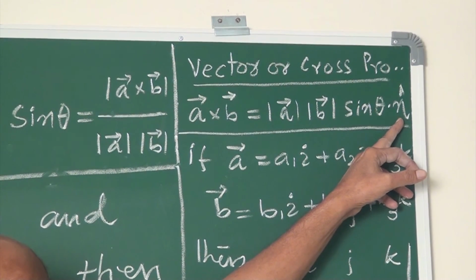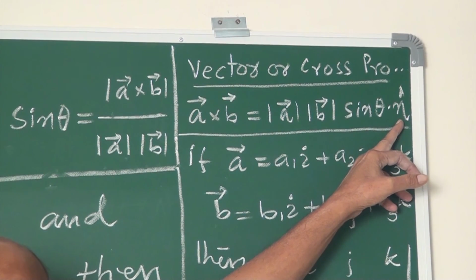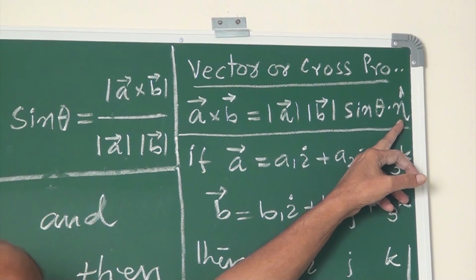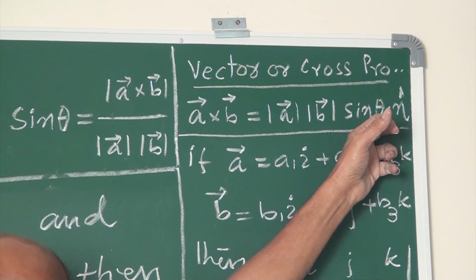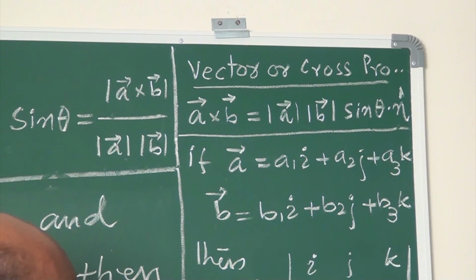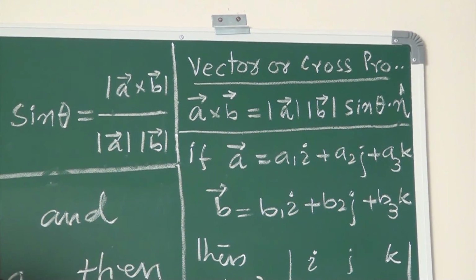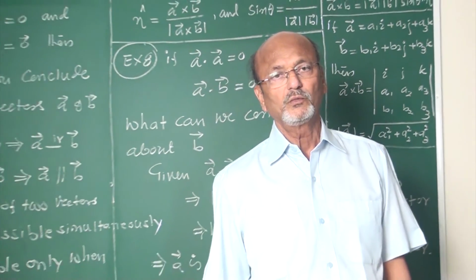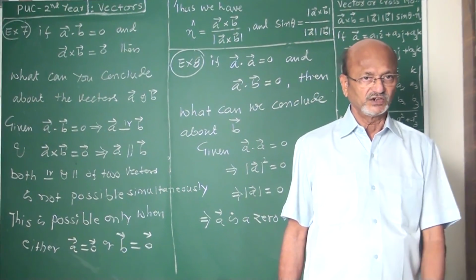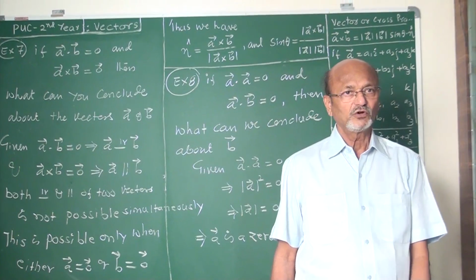What is eta cap? It is a unit vector perpendicular to both vectors A and B, or perpendicular to the plane containing the vectors A and B. I have done some examples connected with eta cap varieties. Last, these two examples, my friends. All these are good examples. You can expect them under 2 mark, otherwise 3 mark questions, my friends. This is about A cross B.